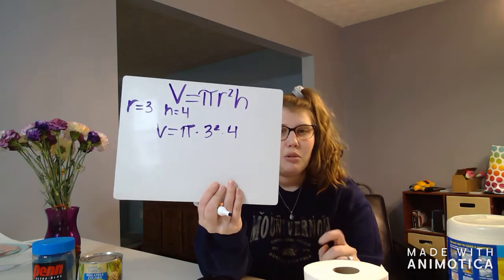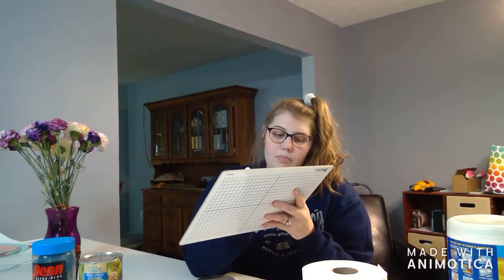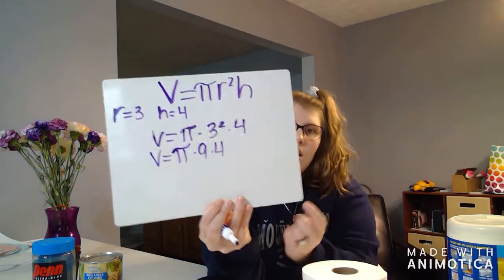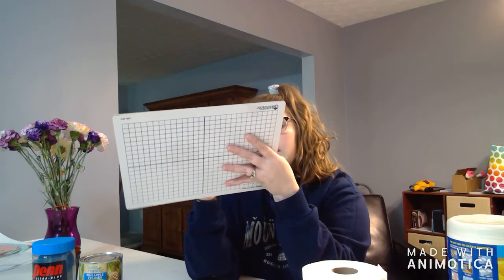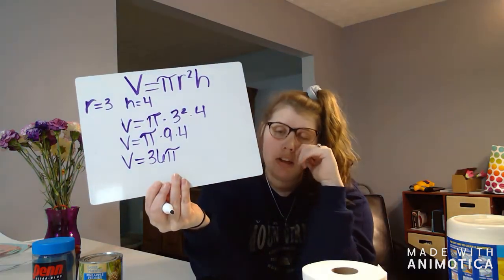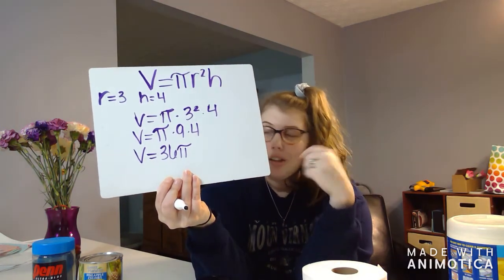And once we add that, we just start simplifying. You always want to do your exponents first, so 3 squared is 9 because 3 times 3. So we have pi times 9 times 4 because our height hasn't changed. We keep simplifying. 9 times 4 is 36. And so we have 36 times pi. Then we can use the pi button on our calculator, or in your case, you can use Desmos, or if you just Google scientific calculator, you'll be able to do it.